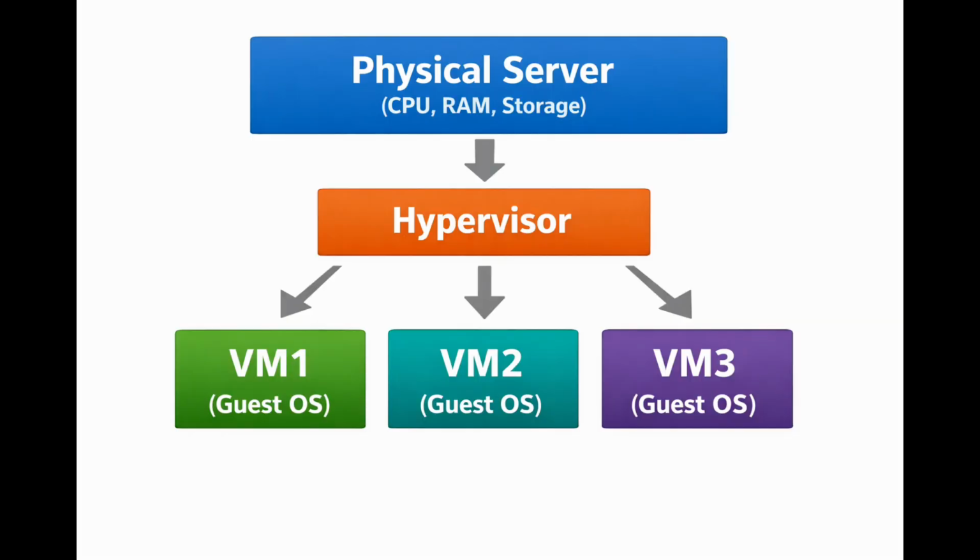Each virtual machine has its own operating system and its own applications, and is isolated from the others, right? A hypervisor is a software layer installed on a physical server that allows you to create and manage multiple virtual machines on the same hardware.